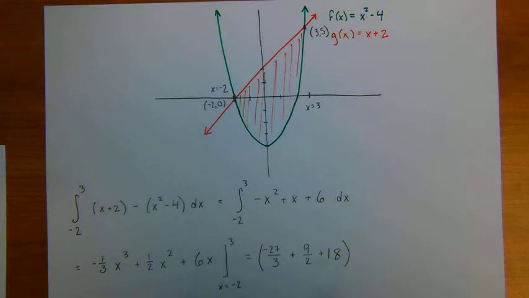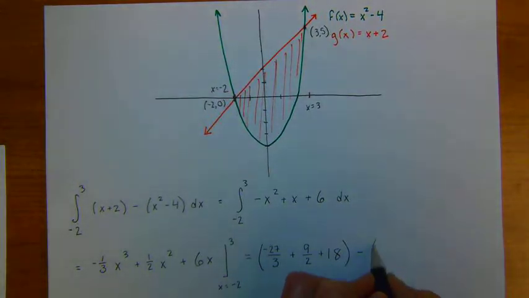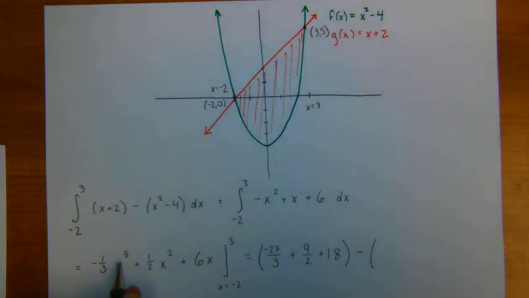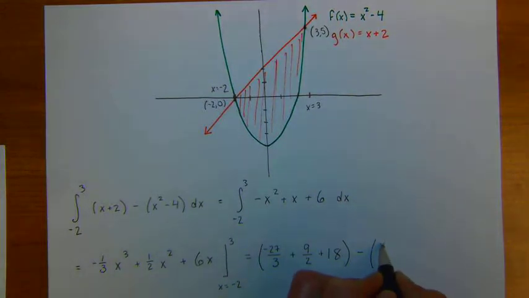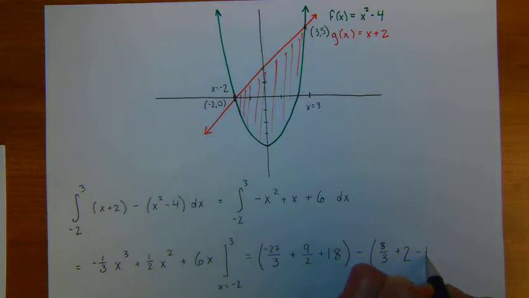This is evaluating at our upper bound. Now we're going to subtract out the lower bound. Negative 2 to the third is negative 8 times a negative 1/3 becomes positive 8/3. Negative 2 squared becomes 4, divided by 2 is 2. And negative 2 times 6 is negative 12.